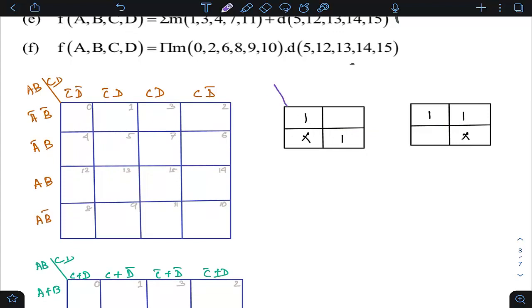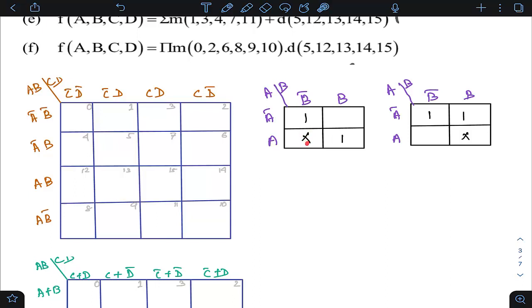So this is A, this is B, this is A bar, A, this is B bar, B. The same is the story for this. This is A, B, this is A bar, A, this is B bar, B. Okay, students, see this don't care, the cross symbol. It can take value 0 or 1.